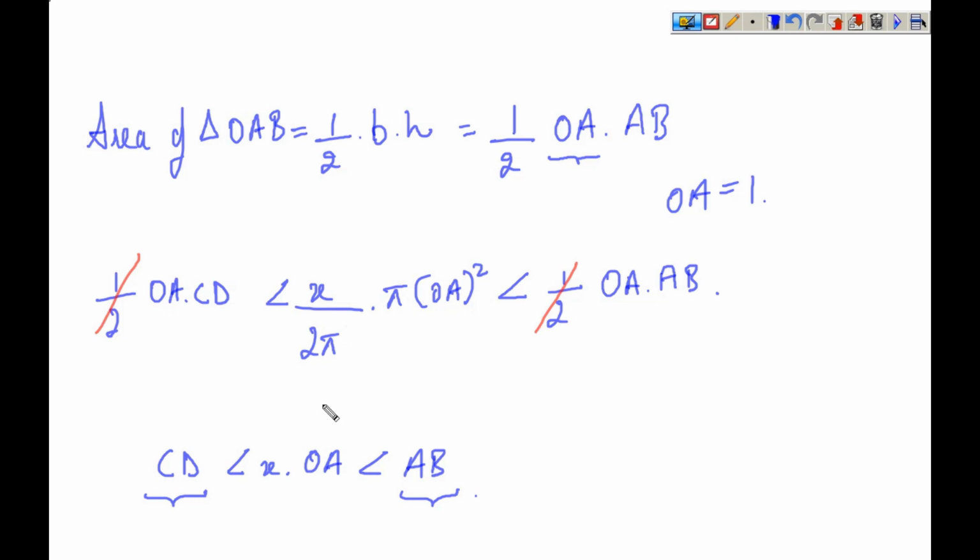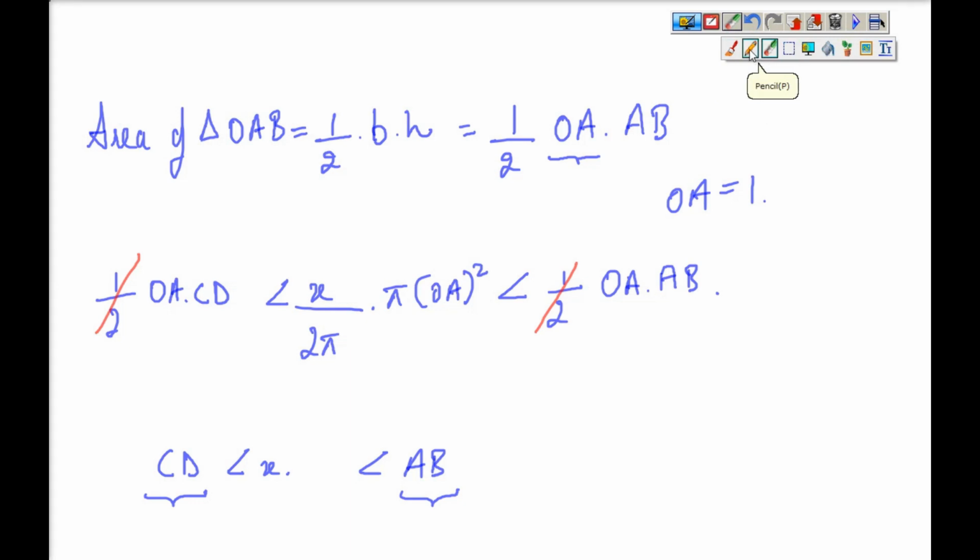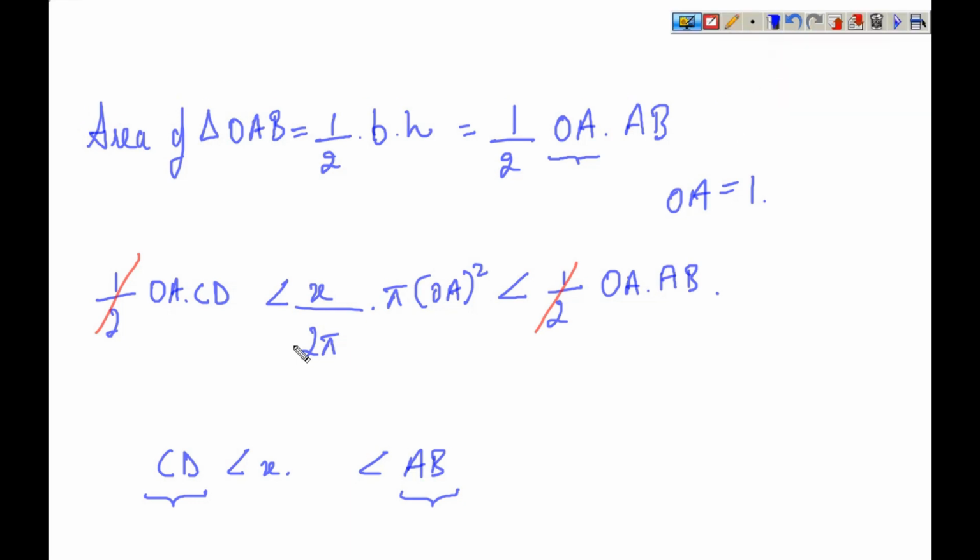So here we have x by pi here. So x by pi, and pi will get cancelled, so we are remaining only with x here.